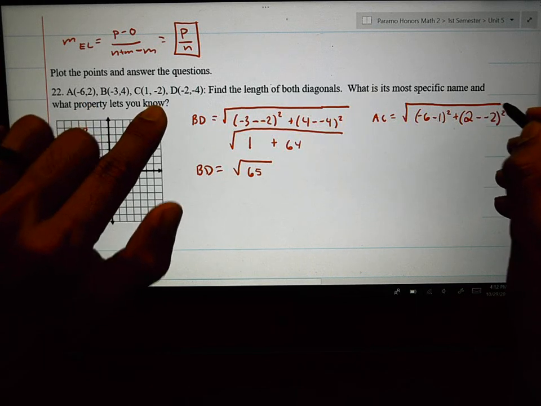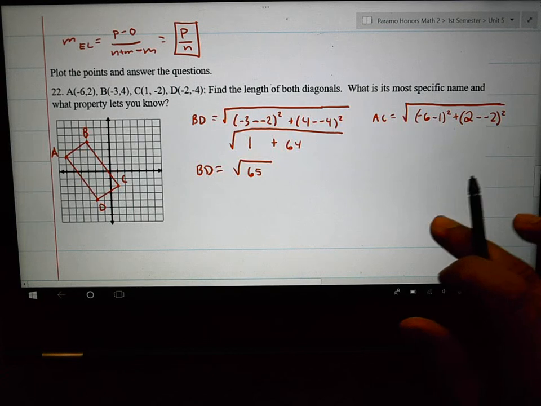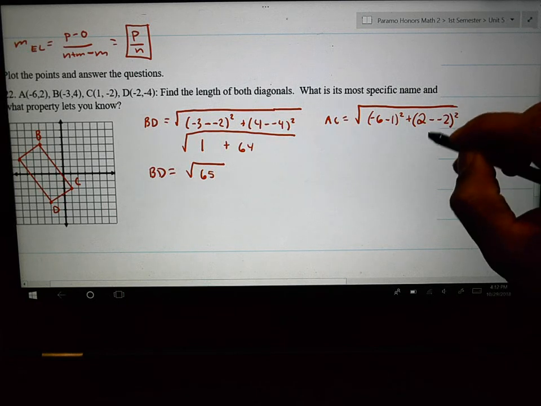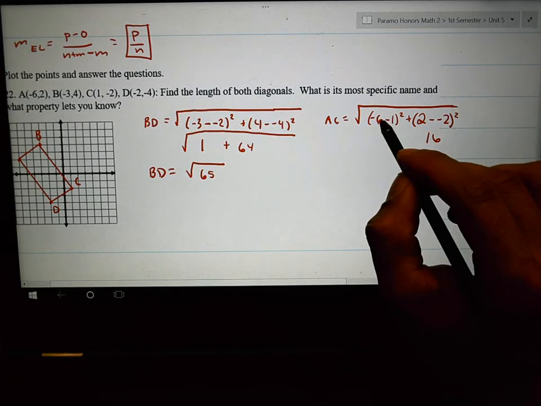And I always keep that in parentheses because, I hate to say it, the most common mistake I see out of high school Math 2, Honors Math 2 students is they forget that you're subtracting a negative and they change the sign of these things. And plus, it's also in parentheses. When you do 2 minus a negative, it turns it into a positive. And you have 2 plus 2 is 4 squared. 4 squared is 16. I guess a lot of kids forget about that negative.